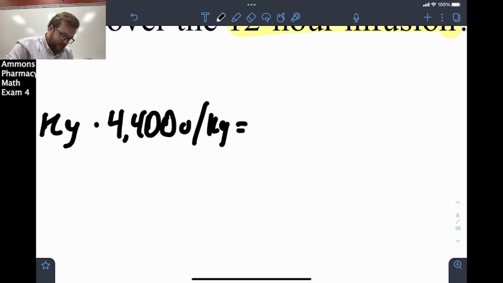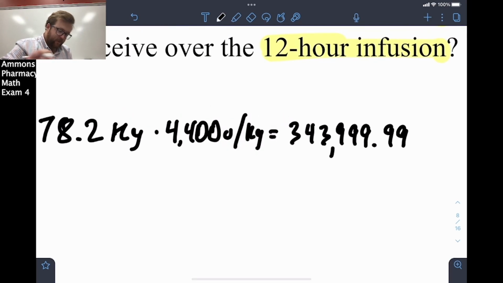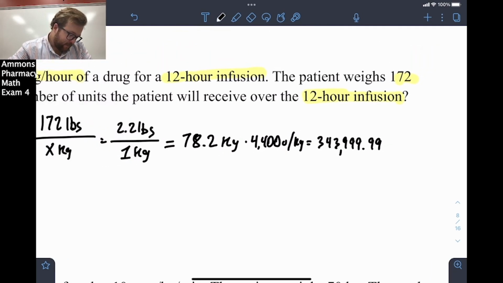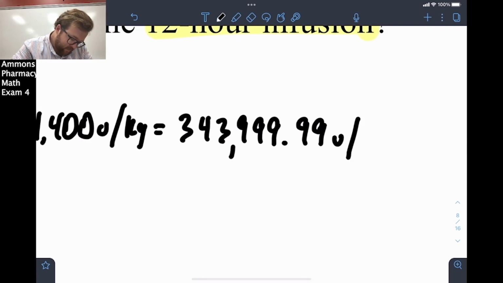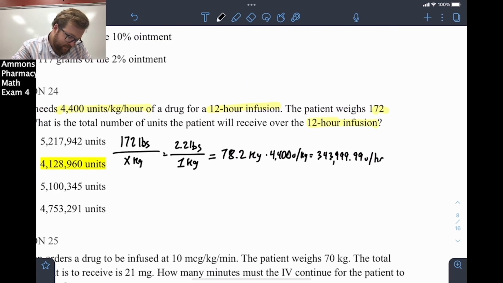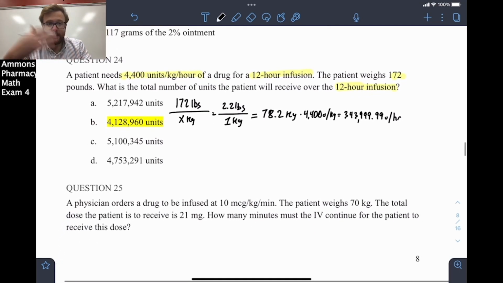So that turns into a huge number, 343,999.99. And remember, that's units per hour. Okay. So we'll get a huge number again because that's per 1 hour, and he's getting it for how many hours?